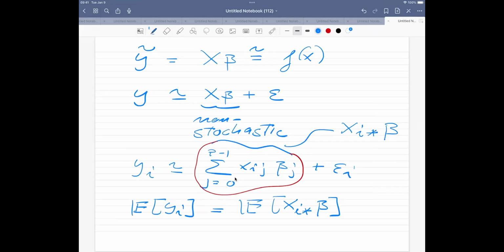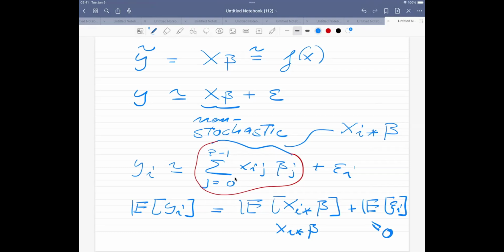So this expectation value is just equal to this quantity itself plus E of epsilon_i, which we put to 0 by definition. So we have a value for the expectation value of y_i.